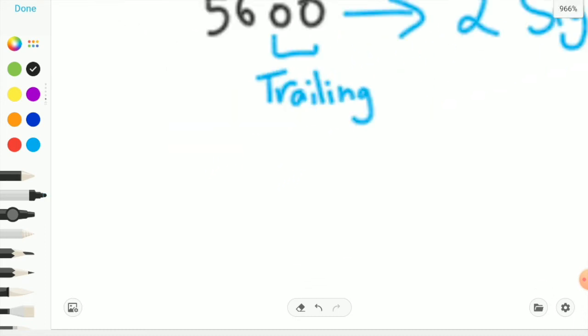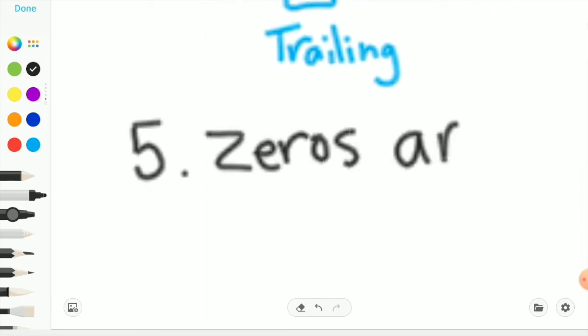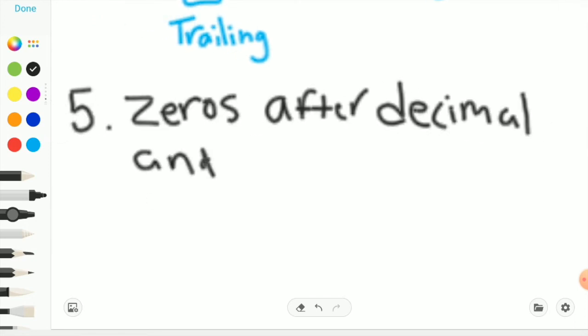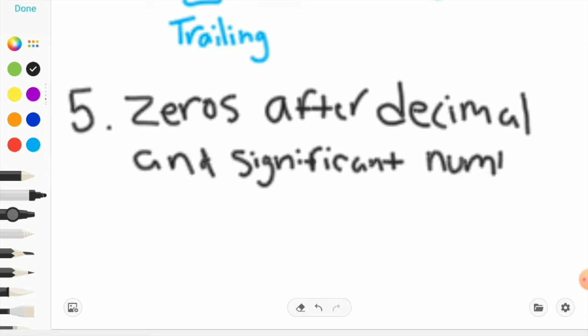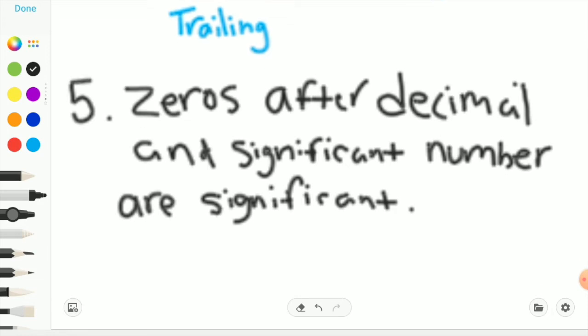Okay. Then there's a lot of rules. Rule 5 is basically if you have a decimal point and the zeros come after a number that is significant, all the zeros are significant. I'm going to show you an example.